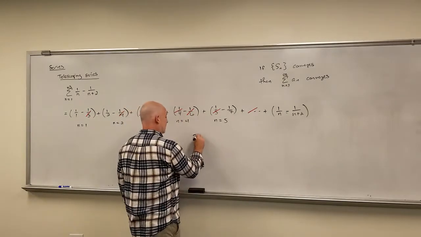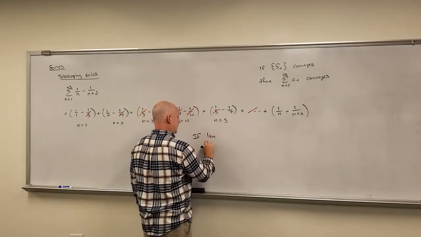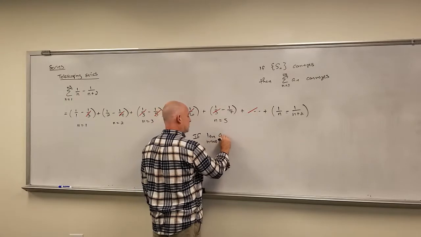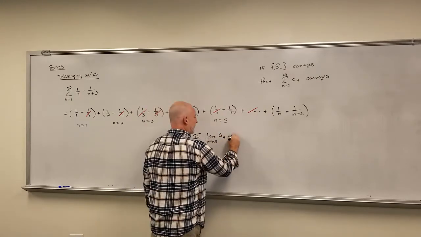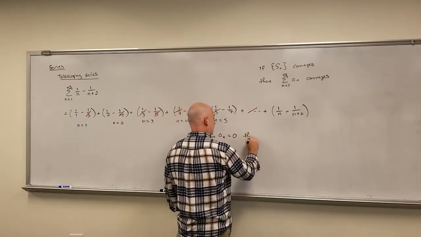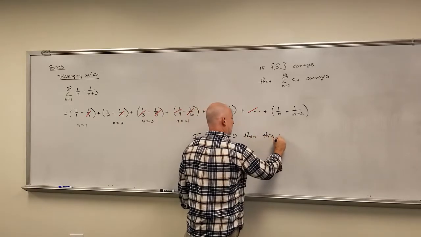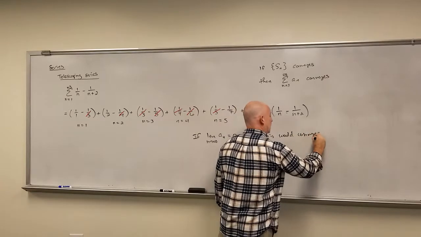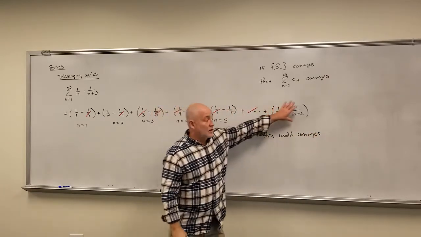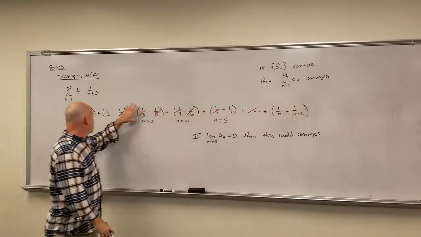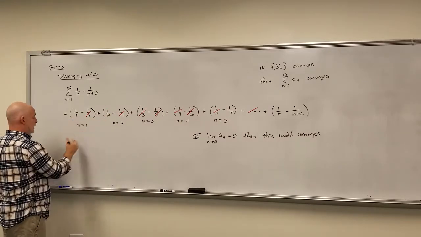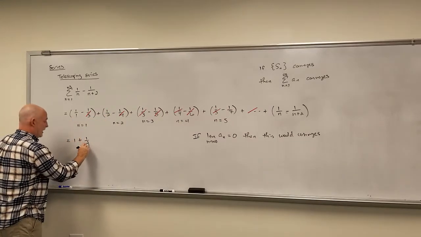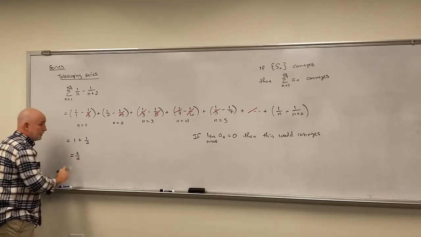So if the limit as n goes to infinity, now I'm just going to generically say a sub n equals 0, then this would converge, right? This will add up to a finite value, right? If this goes away, all those things cancel, then this would just add up to be 1 plus 1/2, which would be 3/2.